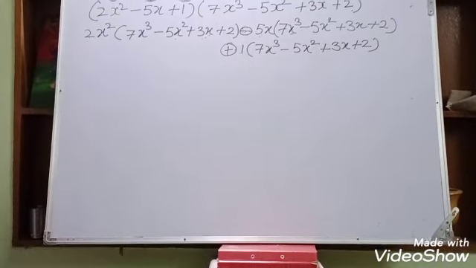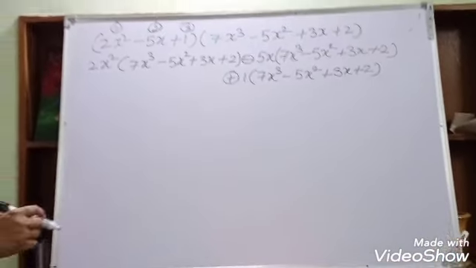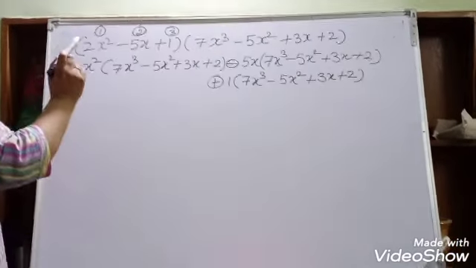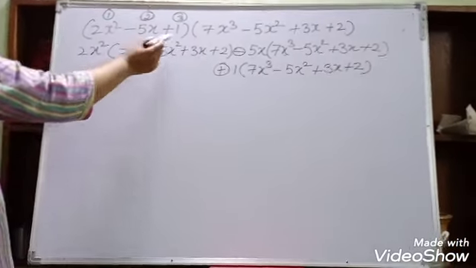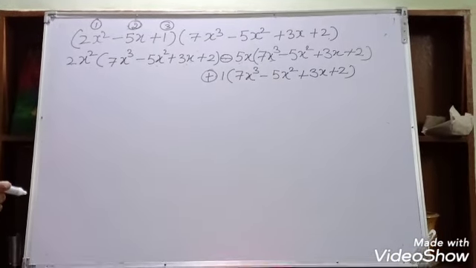Okay class, now let us do one more example on the multiplication. It's the multiplication of the trinomial with the polynomial. 2x square minus 5x plus 1 into 7x cube minus 5x square plus 3x plus 2.